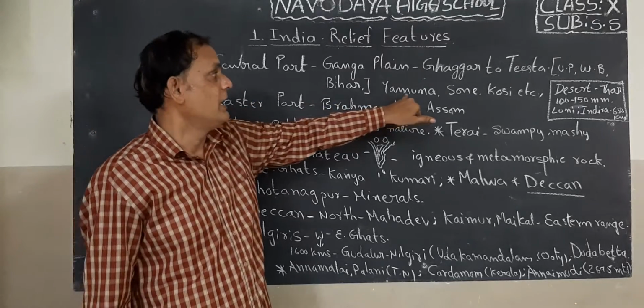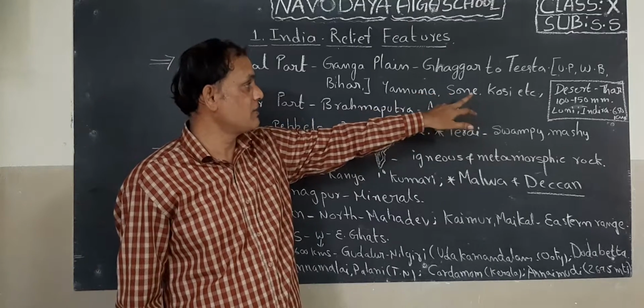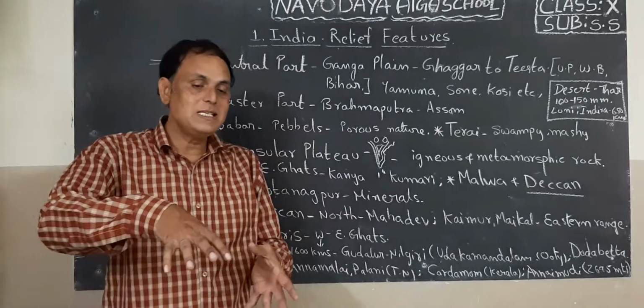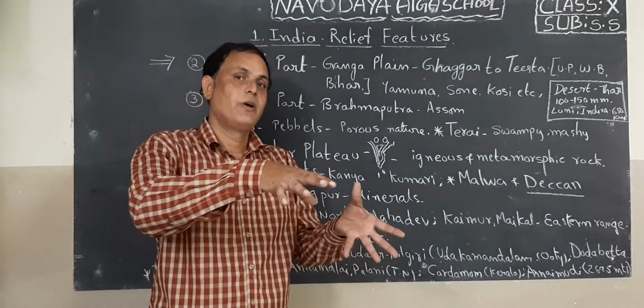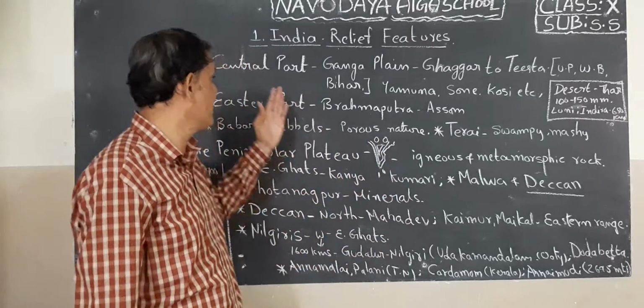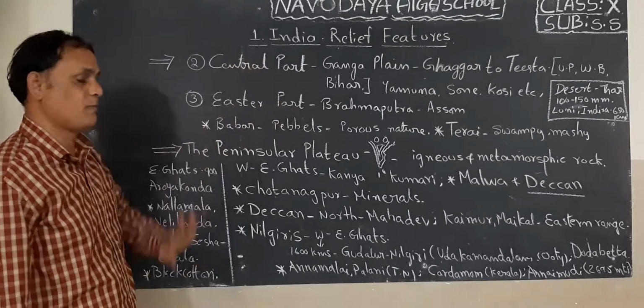Some small rivers also flow here: the Yamuna River and its tributaries, Son and Kosi, flowing through this central part of the Indo-Gangetic Plains. So that is about the central part.